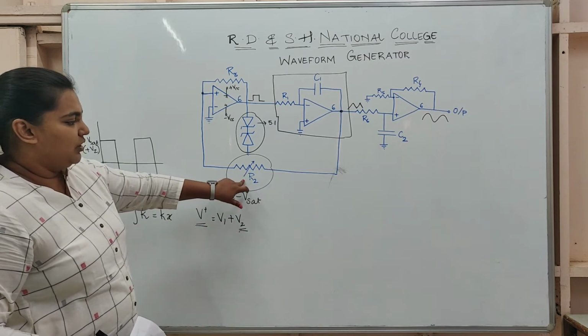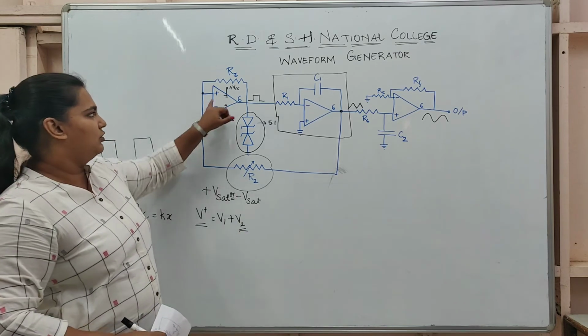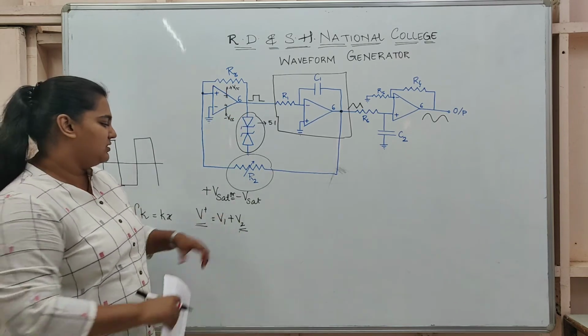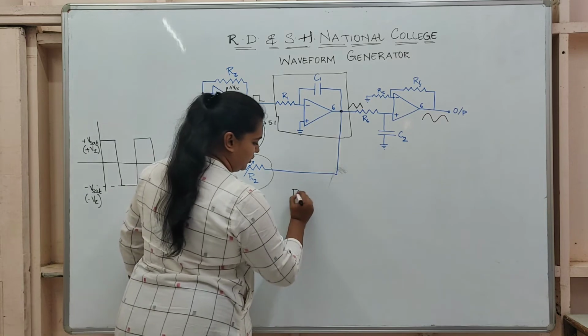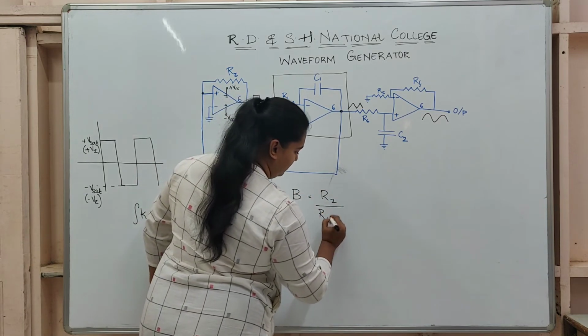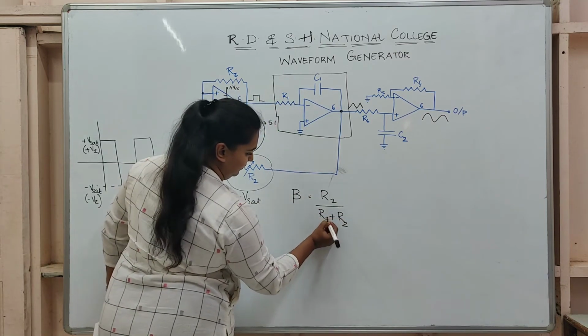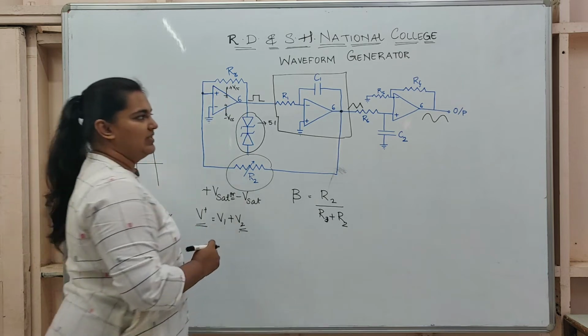So this value change will only change one thing, which is V2, which will in totality change my V plus. So it will change your beta factor, which is nothing but R2 upon R1, in this case actually R3 plus R2. So that's with the theory.